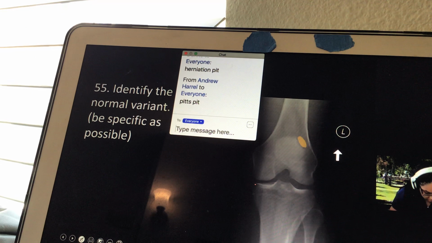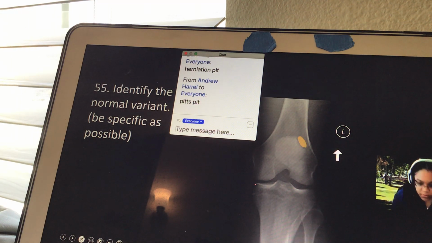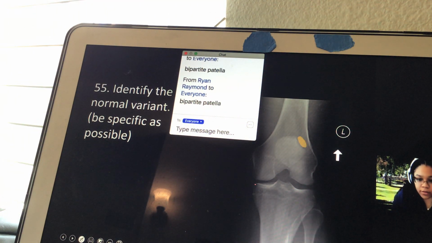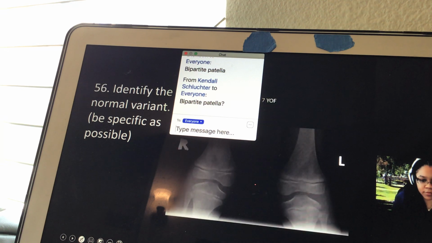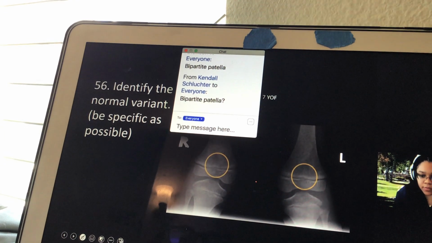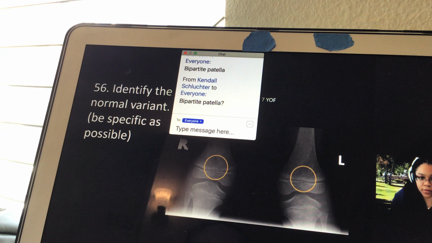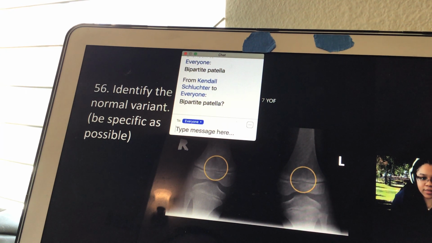What's going on here? Good, a bipartite patella. We have a 7-year-old. At this age, this should have already been developed.